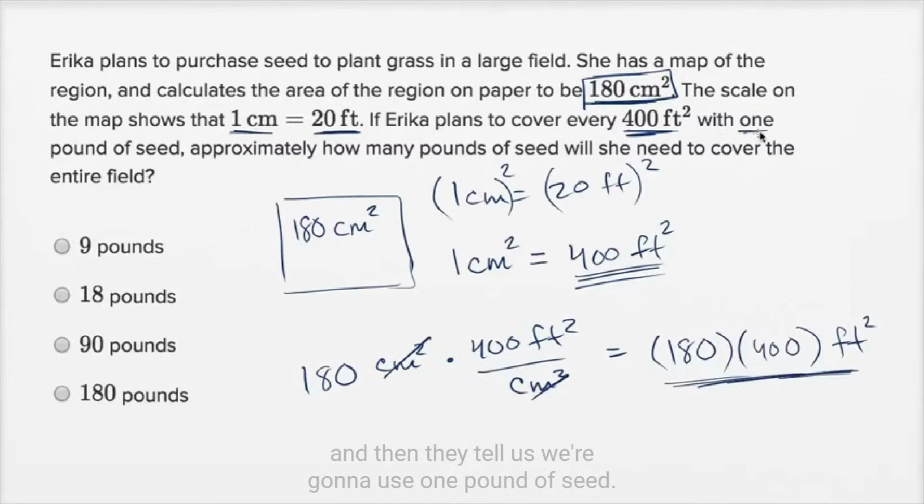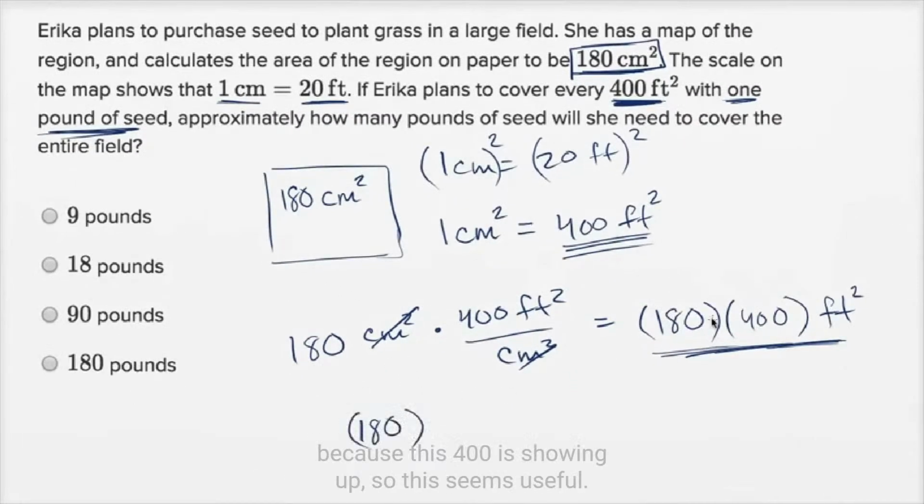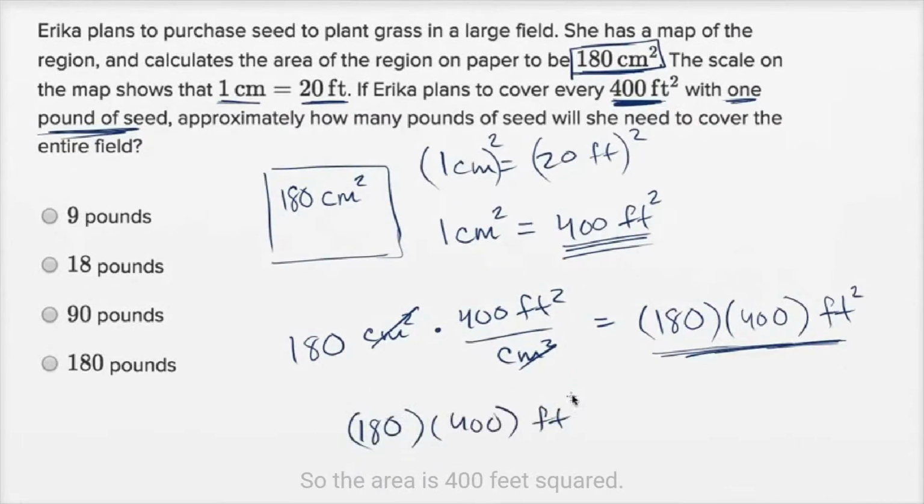And then they tell us we're going to use 1 pound of seed for every 400 square feet. So the area of the entire field is, I'm not going to multiply it out because this 400 is showing up, so this seems useful. The area is 400 feet squared times 180.